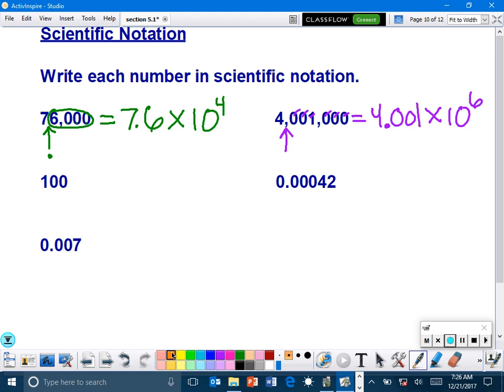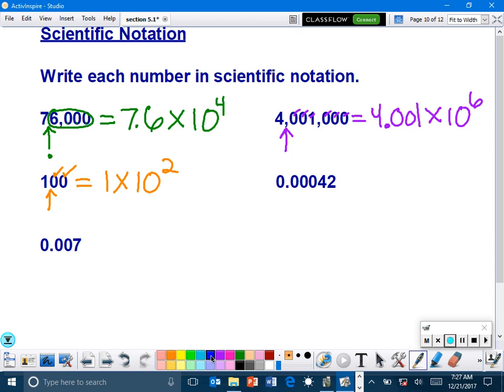Okay, the next one, again, I want the decimal right here. So I'm going to put 1, but since the zeros are going to drop off, I don't need a decimal. I only need a decimal if there's another number behind it. So I don't need to physically put the decimal there. So 1 times 10 to the 2nd power.